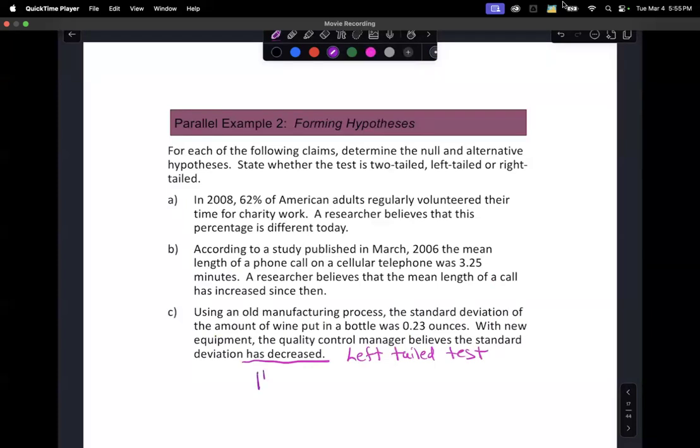My null hypothesis, sigma equals 0.23 ounces. Our alternative hypothesis, sigma is less than 0.23 ounces. So once again, we're looking for evidence to support that alternative hypothesis.